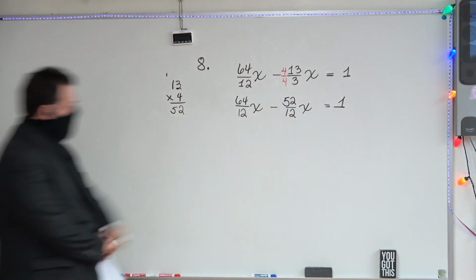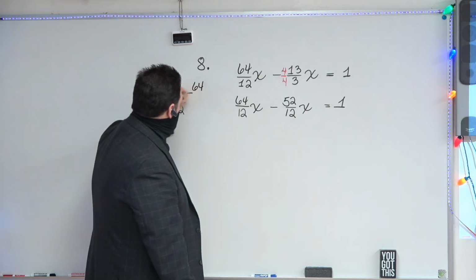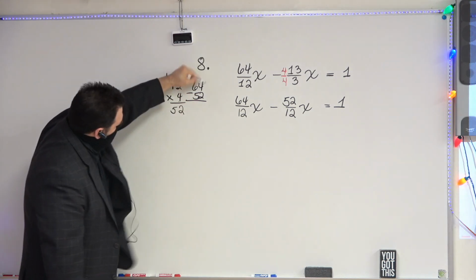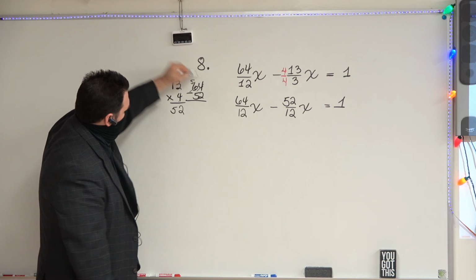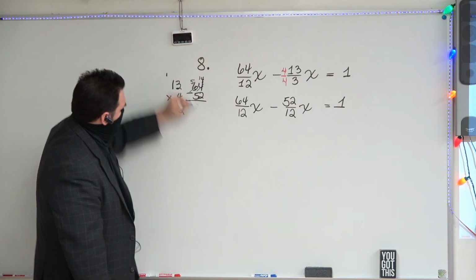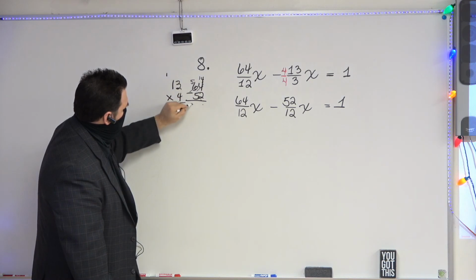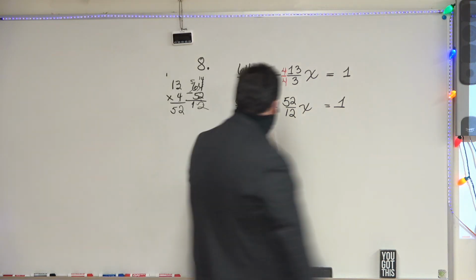Well, look at this. We have common denominators, so we just have to do 64 minus 52. Oh, it is? Yeah, it is. Don't second guess yourself. It is good. Yeah, it is 12. Oh, I didn't even need to borrow. Okay.